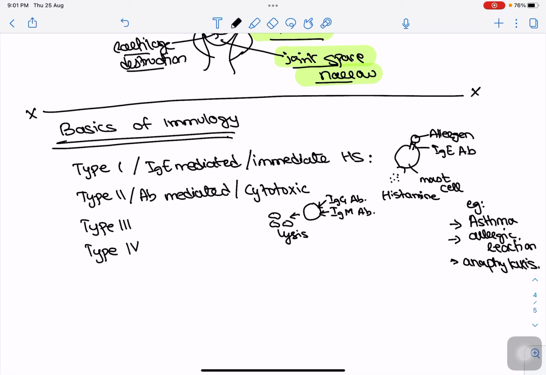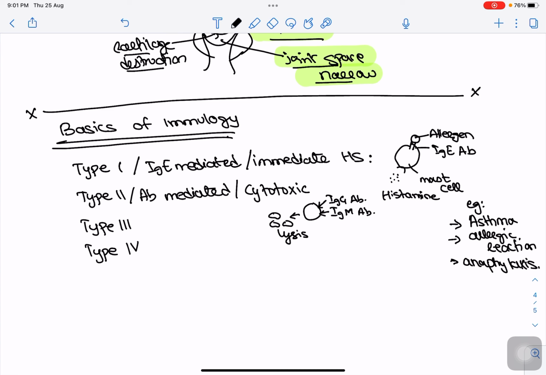So type 1 is IgE-mediated, where allergens bind to the mast cells and there's a release of inflammatory mediators, followed by type 2, which is cytotoxic and antibody-mediated, in which IgG or IgM antibody deposits onto the cell membrane and leads to the lysis of the cell.